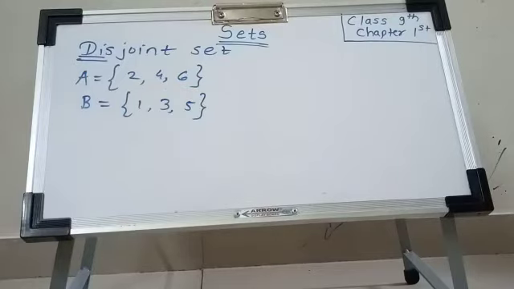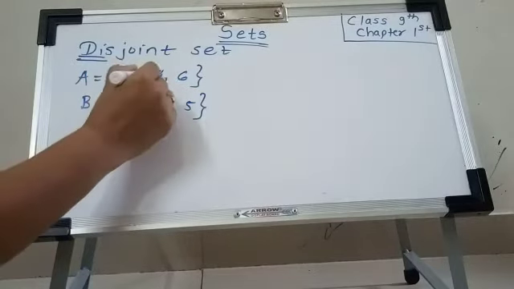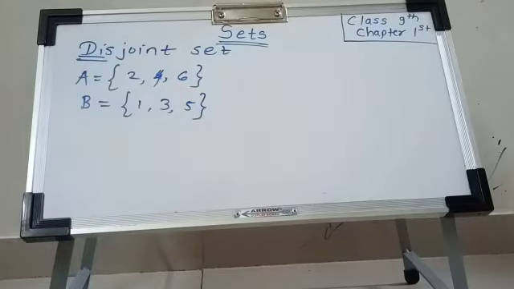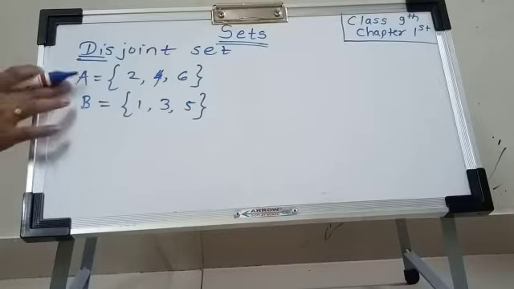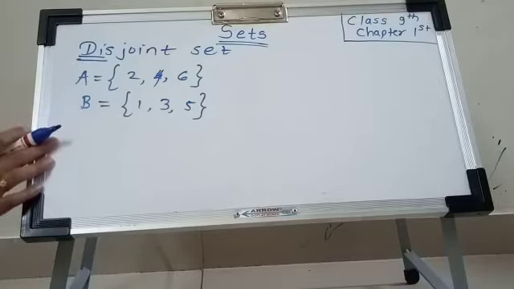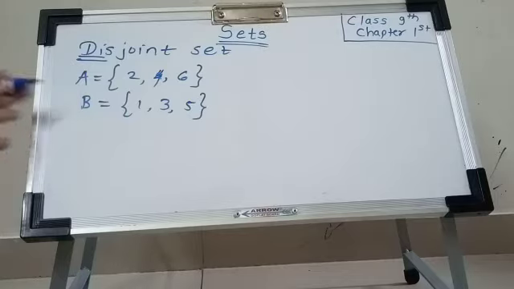In both sets, no element is common. All the elements are different in sets A and B. No single element is the same in both sets. Hence these sets are called disjoint sets.